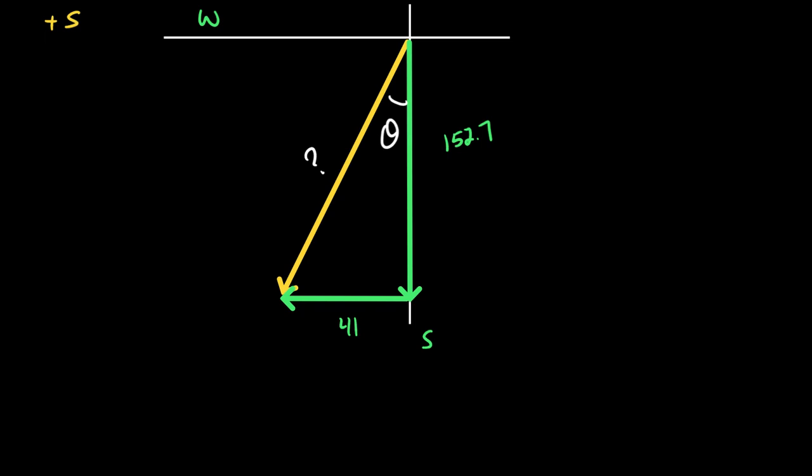It looks to me like this is the opposite side, this is the adjacent side, this is the hypotenuse. I'm thinking tangent again. So tangent of theta is 41 divided by 152.7. I get that theta is 15 degrees.